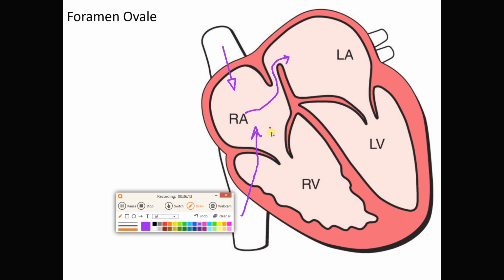A little bit does trickle down here, but like 85% of it goes across to the left atrium through the foramen ovale. You can see how there's kind of like a flap situation already, and shortly after birth this flap slams shut, grows over, and it becomes that depression we mentioned a long time ago, the fossa ovalis.